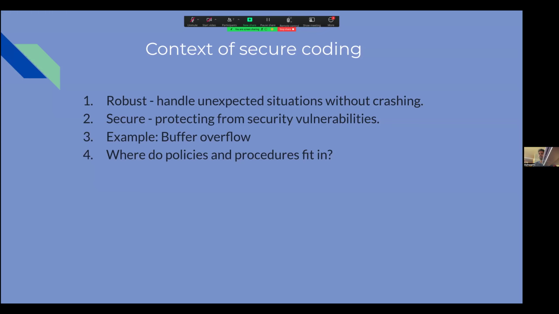Given a strange request, it should gracefully handle it, right? Security basically means we also want to make sure the recipes and the ingredients are safe to use and not cause any kind of contamination or any kind of theft.